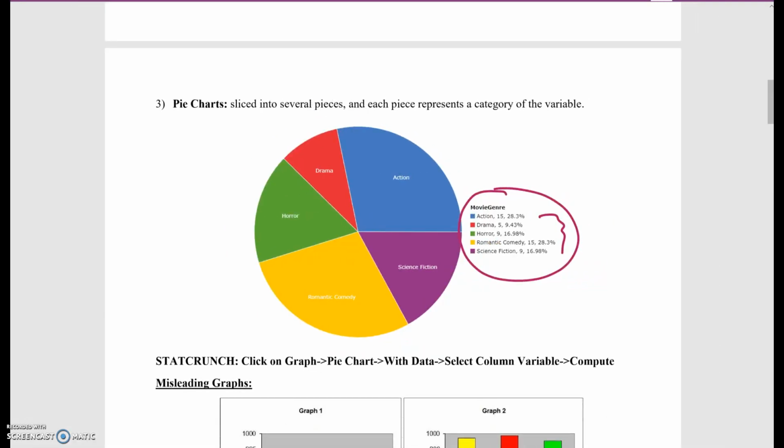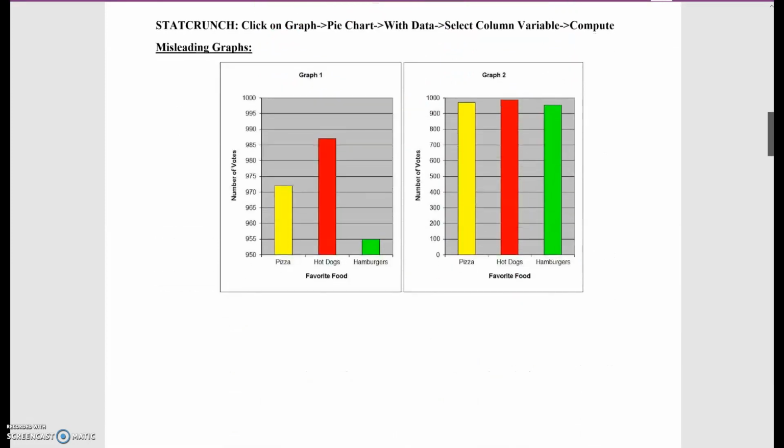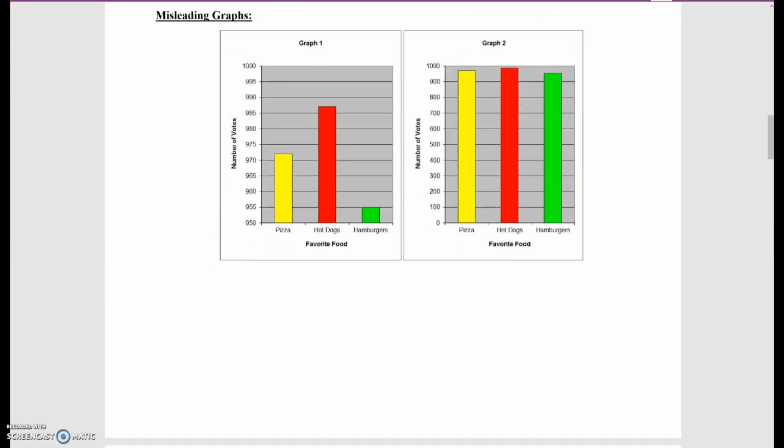So let's do a quick example. Before that, let me just tell you really quickly about misleading graphs, and you'll see this later. Notice that you have two different graphs here. You have graph number 1, and you also have graph number 2. These two graphs are exactly the same, okay? But one of them is misleading. And you see this on the internet all the time.